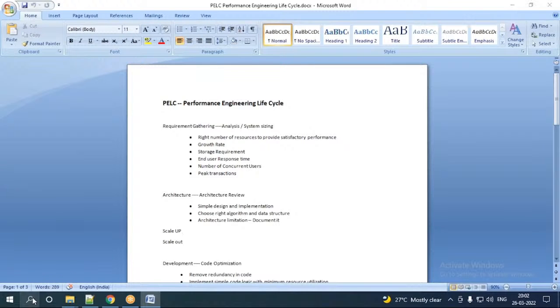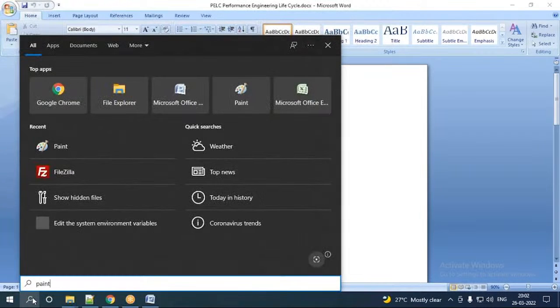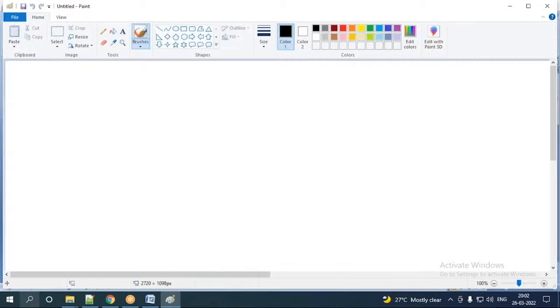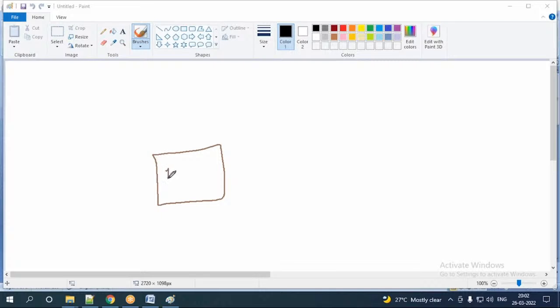A typical example: say you feel your application is slow, and you want to do some infrastructure improvement. Say the initial configuration of my machine is 4 GB.